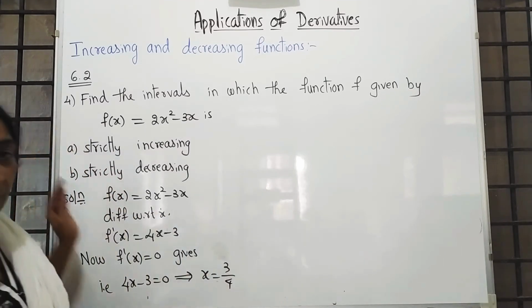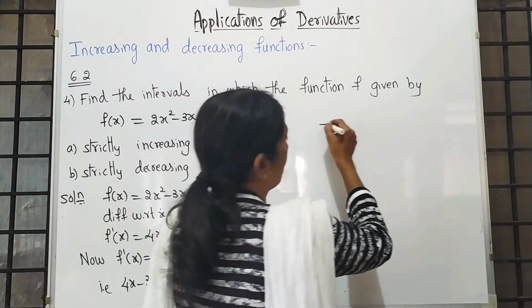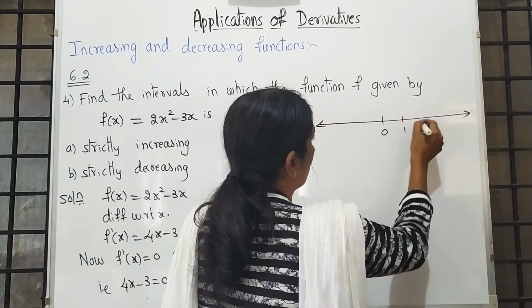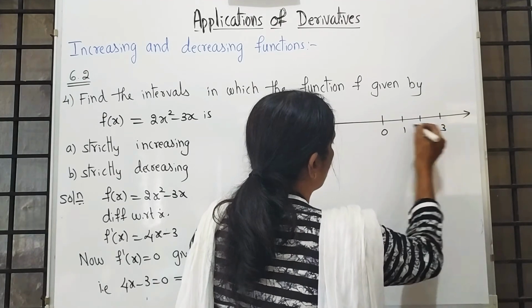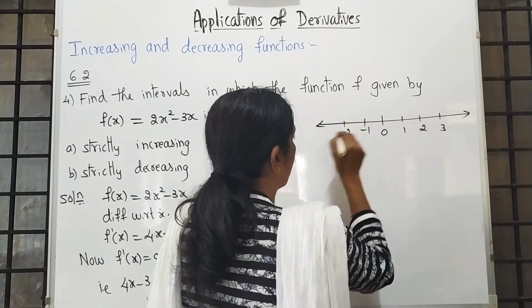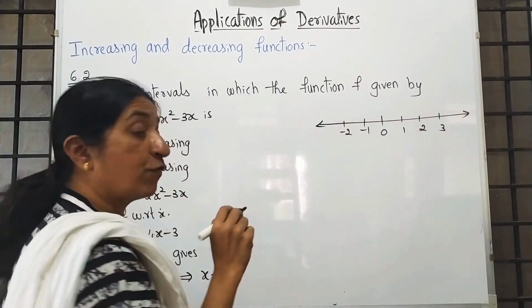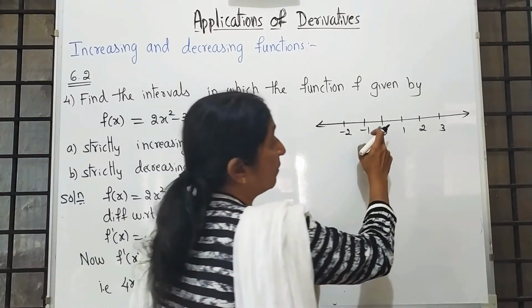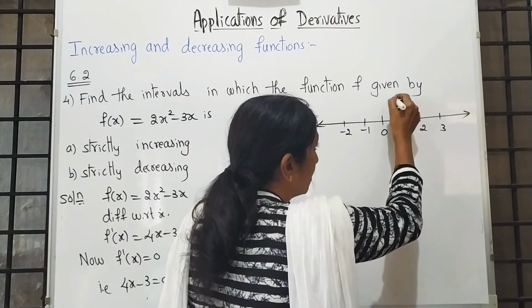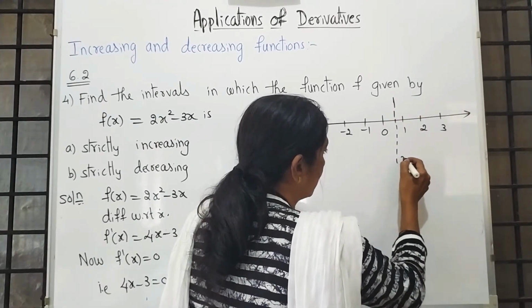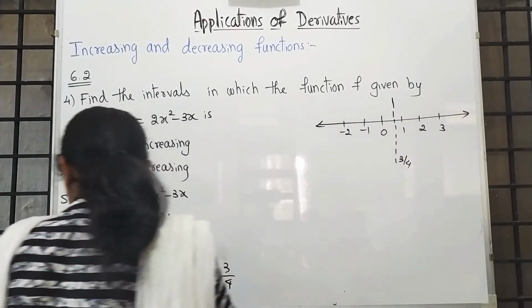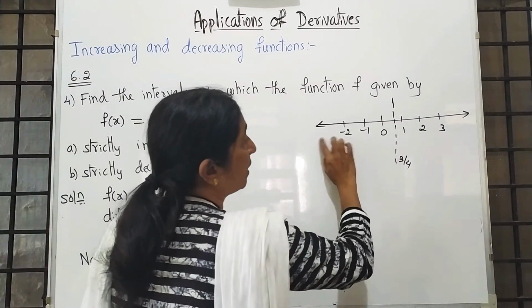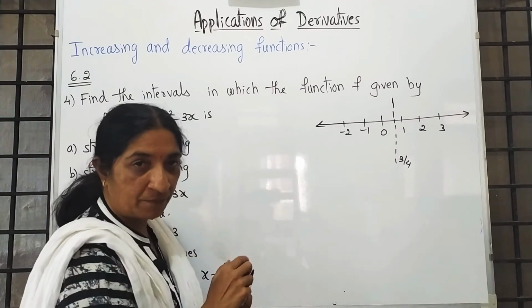See, for our convenience, mark this on the number line: 0, 1, 2, 3, here we are getting positive values, and on the other side negative values. 3 by 4 comes in between 0 and 1, just I marked here. And what you are observing on the number line is that the point 3 by 4 divides the number line into two parts.